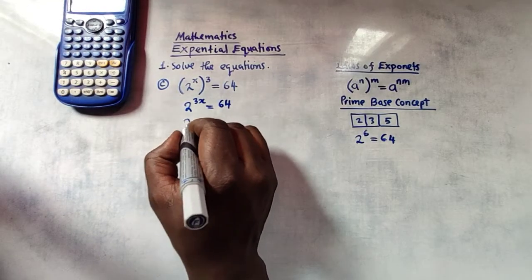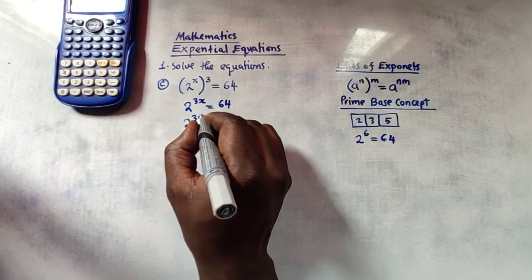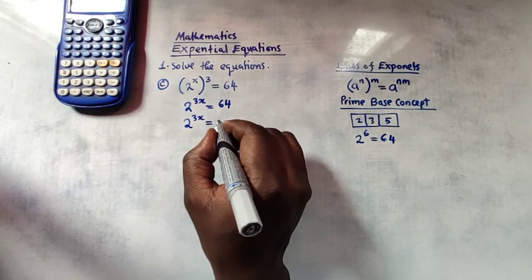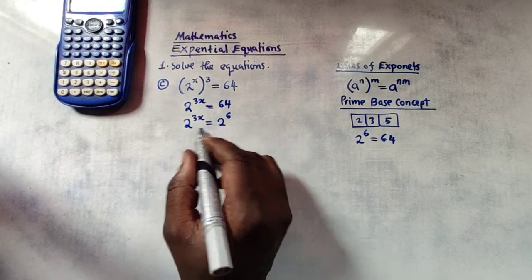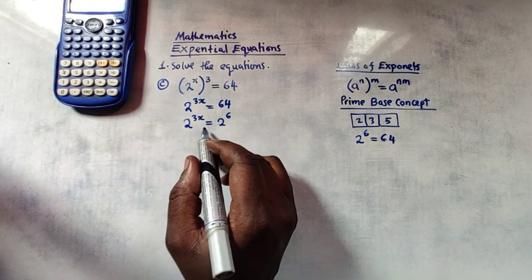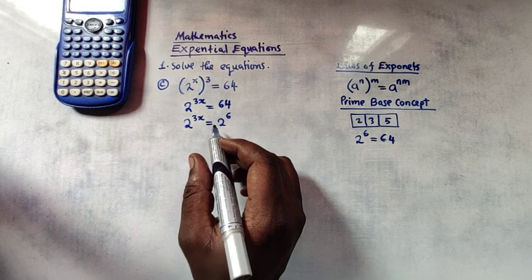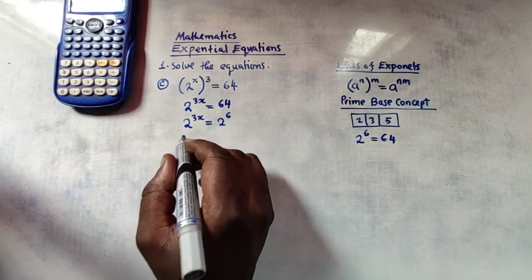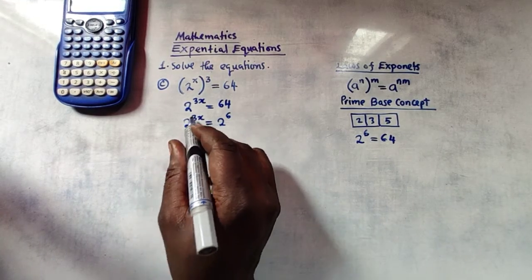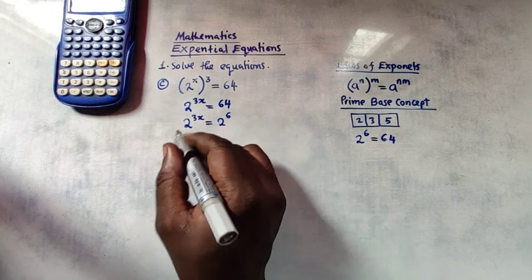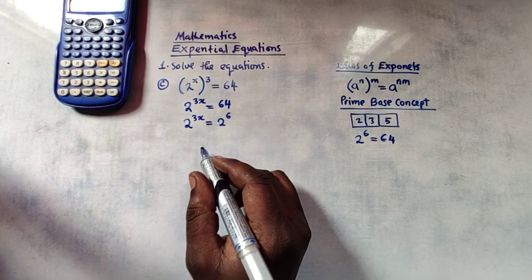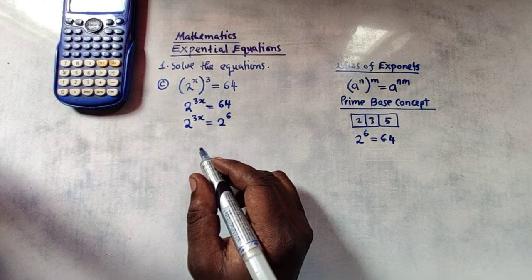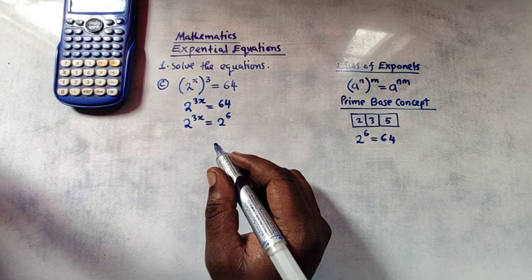So this is going to be 2^(3x) equal to 2^6. I can see that the bases are the same on both sides of the equation. I can apply the logs, or I can just cancel the bases because they're the same. Remember, I stressed the importance of using the logs as a training ability when solving such problems.